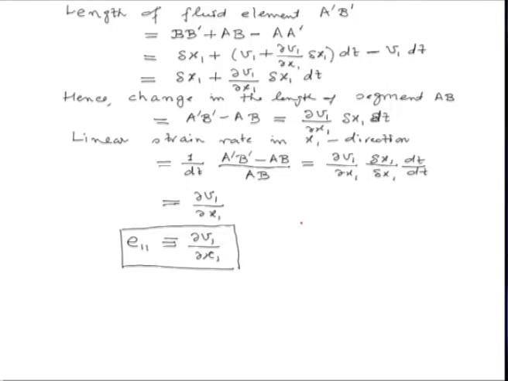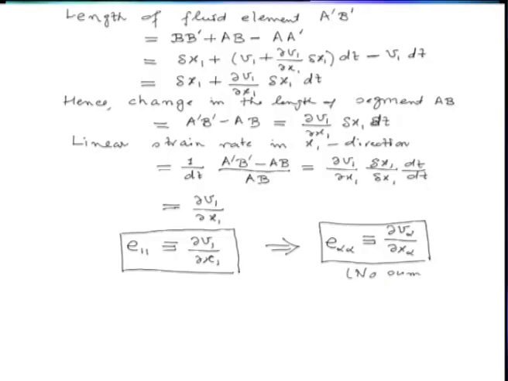Now, this can be generalized, and we can say that the linear strain rate in any coordinate direction, in direction x alpha, is delta V alpha over delta x alpha, and here there is no summation over alpha.